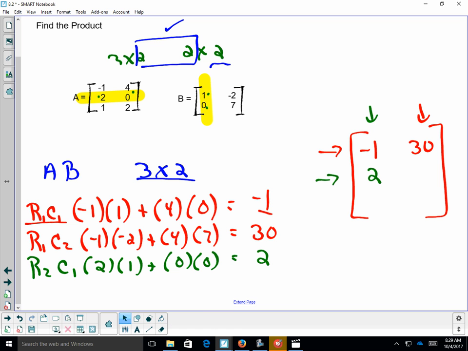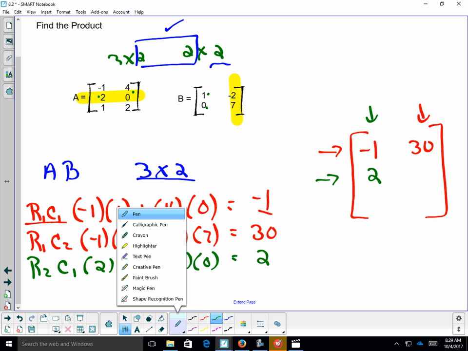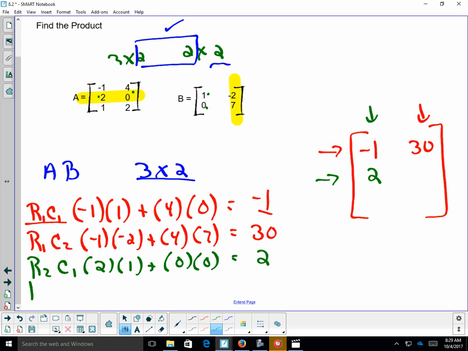Now I've done row 2 times column 1, so now I'm going to do row 2 and multiply that by column 2. So now I'm going to focus on these numbers over here. When I do that, row 2 times column 2, I'm going to have 2 times now that -2, plus this 0 times this +7.